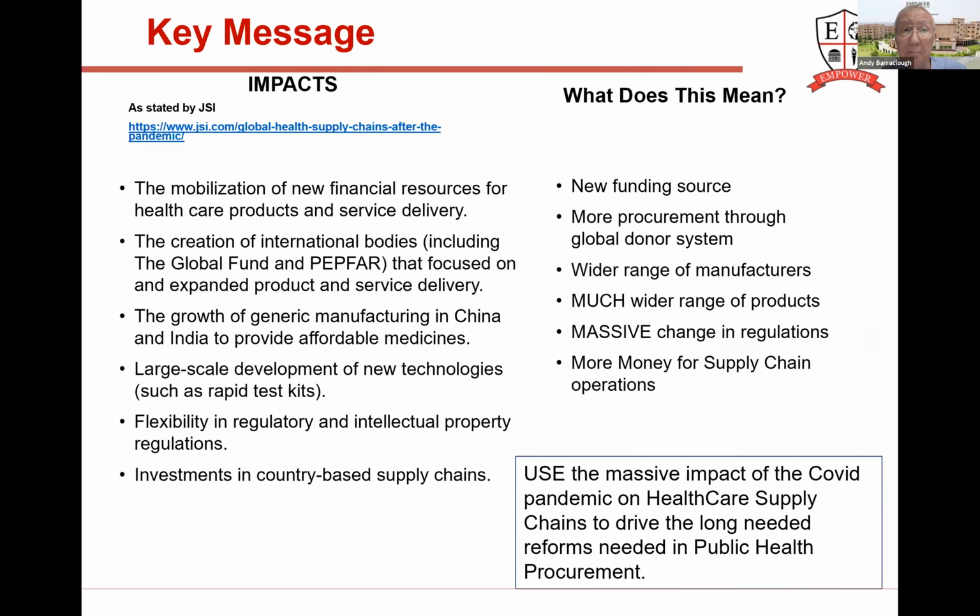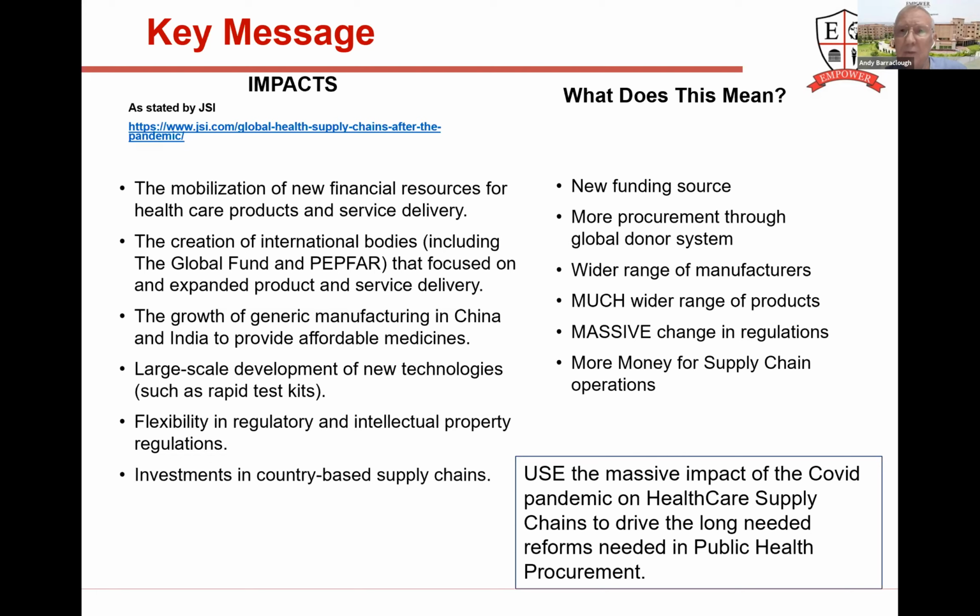If we look at the impacts and try to analyze what COVID has meant for the healthcare supply chain, especially in public sector, low-income countries, the analysis by JSI, John Snow International, the link is on the screen, says that there's going to be a lot more funding sources. We're going to have to work with a lot more new donors. There's going to be more procurement through the global donor systems, like the Global Fund's WAMBO system, like the UN system.